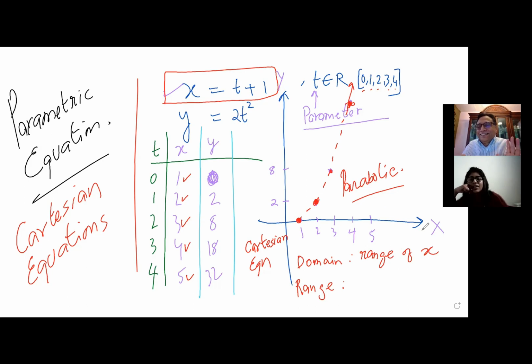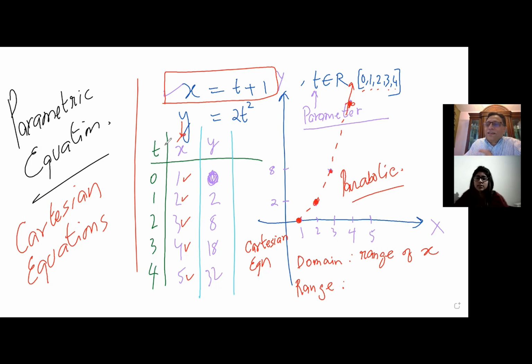Because x is there, it's getting confusing. But the values you have got now are actually the range, the output you got for x when t was substituted with its values. So the domain of a parametric equation is actually the range of x.